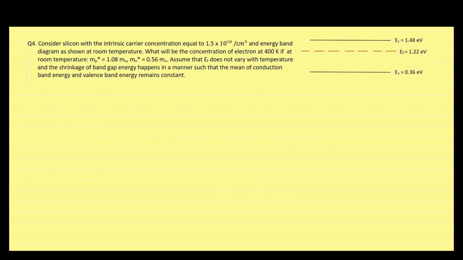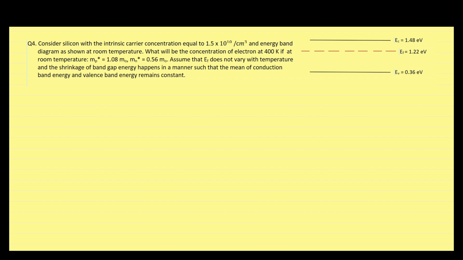Consider silicon with the intrinsic carrier concentration equal to 1.5 into 10 raised to the power 10, and energy band diagram as shown at room temperature. What will be the concentration of electron at 400 Kelvin if at room temperature effective mass of hole and electron is given?